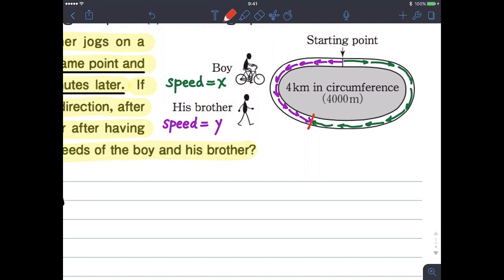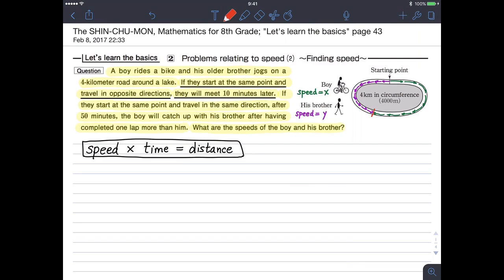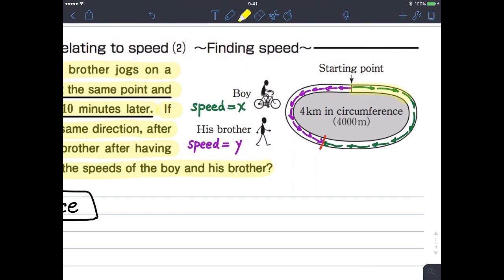So we can relate the distance that each one travels to the total distance that they travel. In this case, the total distance will be the distance around the lake. You can see the distance the boy travels on his bike is this, and the distance that his brother jogs is that.